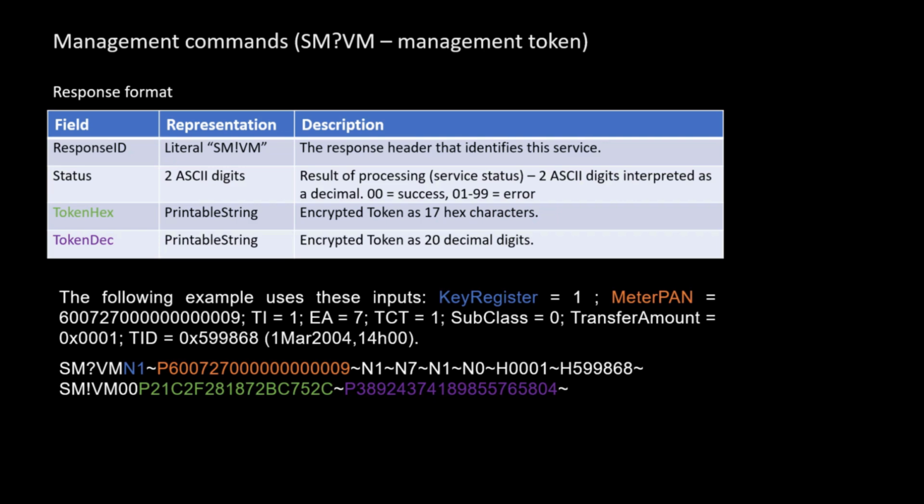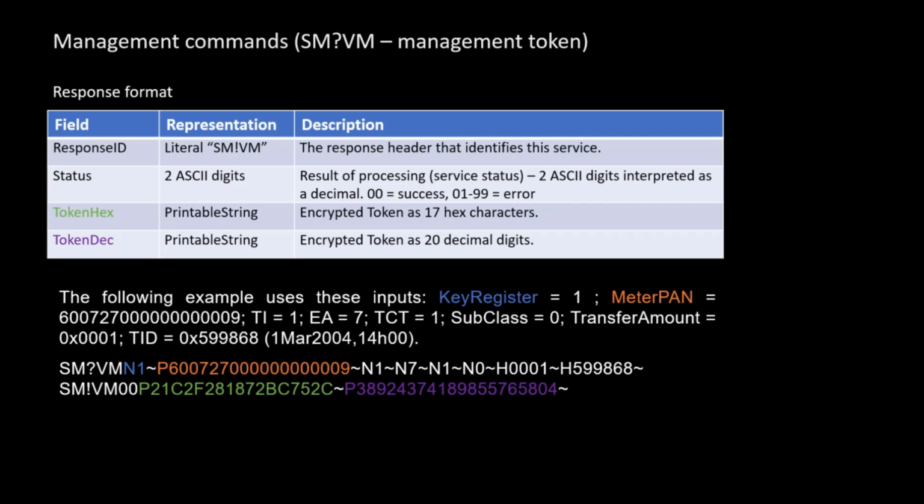So you would send SMVM and then N1 for the key register to use. Meter pan is a printable string, so you put it as P60077, all the zeros and a 9. And then you have tariff index N1, because it's tariff index 1 and it's a number.